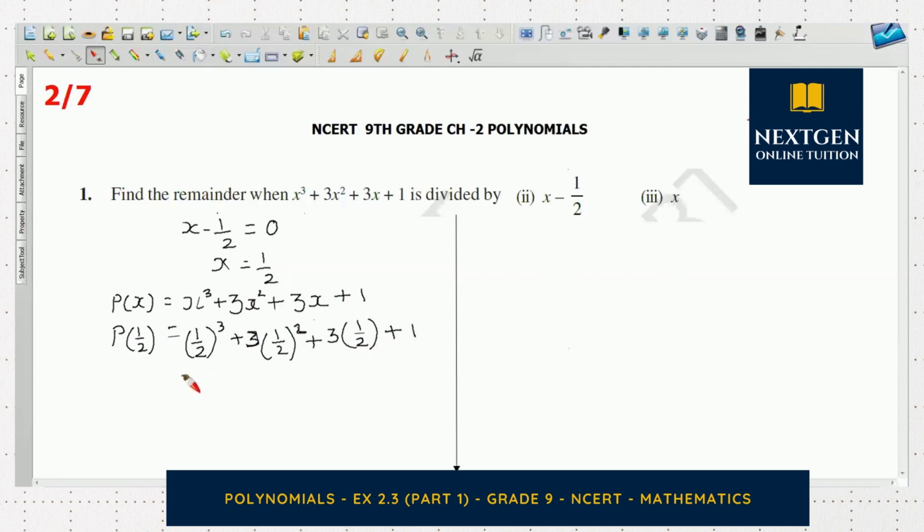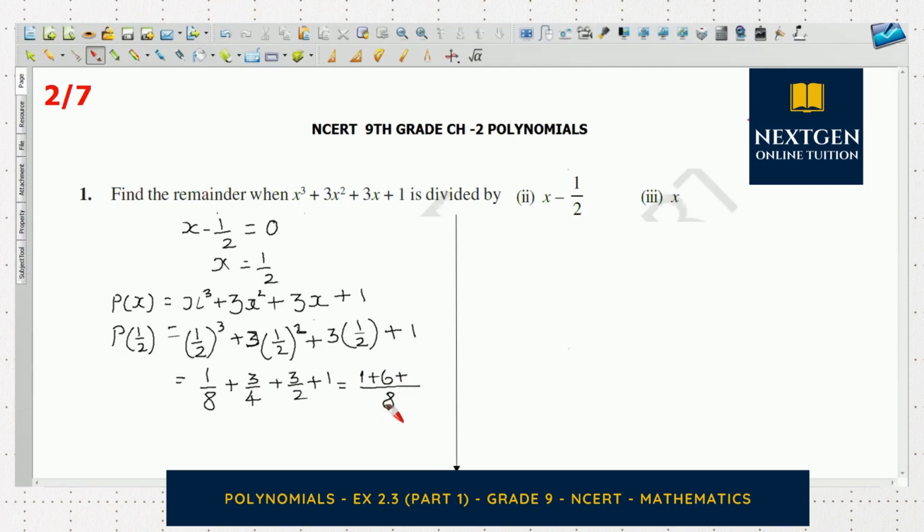plus 1. Now it will become 1 by 8, 3 into 1 by 4 gives 3 by 4, plus 3 by 2, plus 1. On taking the LCM for 8, 4 and 2, we get 8. So my numerator will be 1 plus 6. That is, 4 times 2 is 8, so the numerator also I multiplied by 2. 3 into 2 is 6.